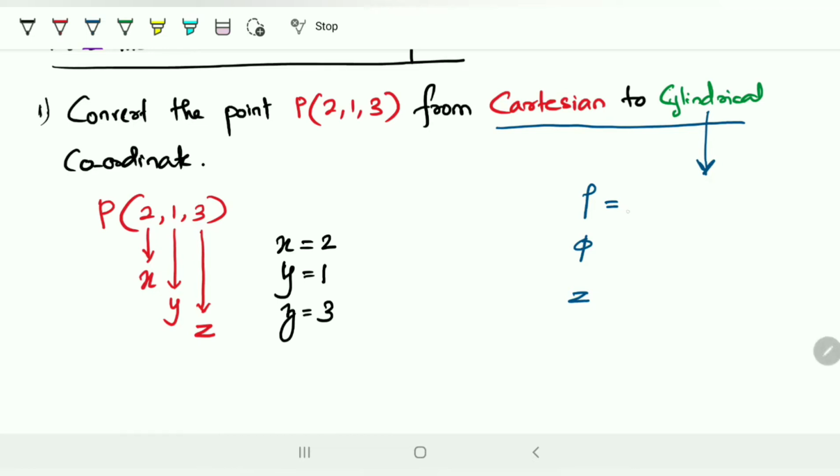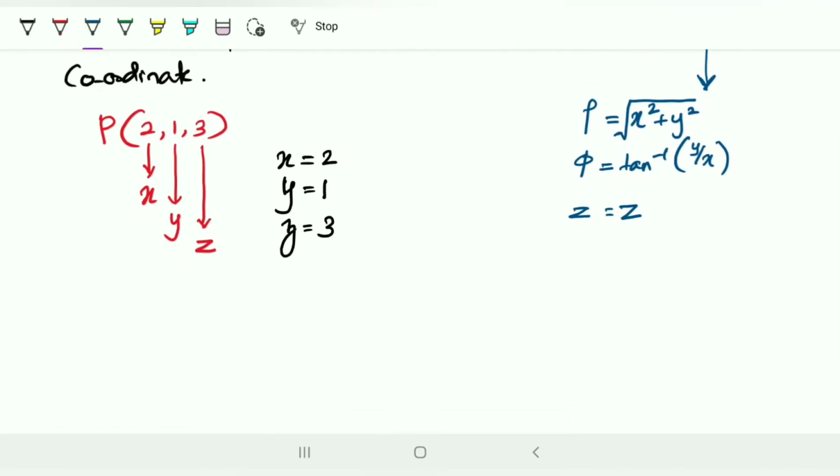So first rho is given as the square root of x square plus y square, and the angle phi is given as tan inverse of y by x, and z is always z as in the Cartesian system.